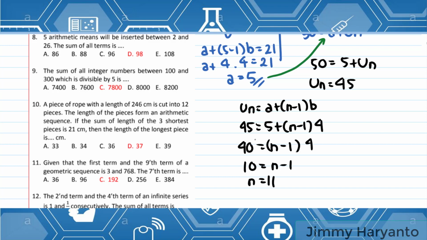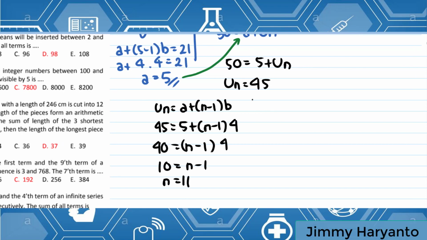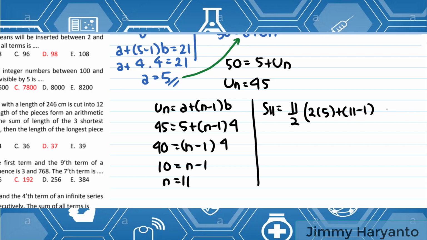After you get the n, you can find the sum. So the sum will be S11. The sum of all terms will be S11. The formula is n over 2 in the bracket 2a plus (11 minus 1) times b. The b is 4. Okay, so it will be 11 over 2 times 10 plus 10, 40.